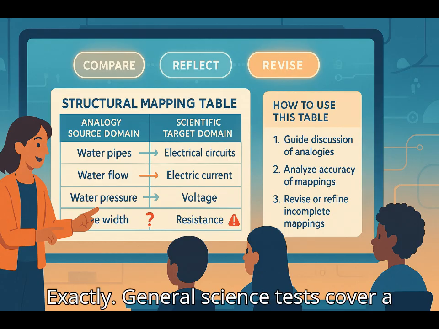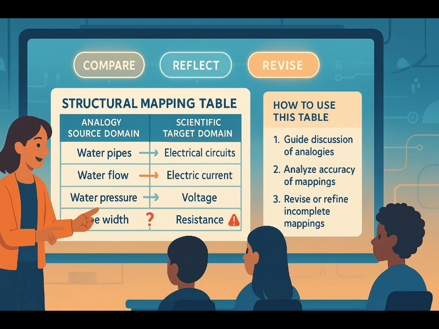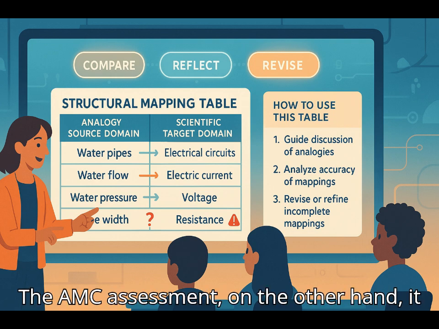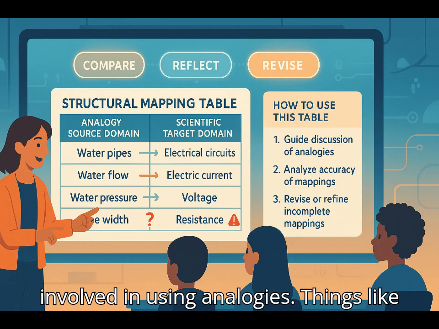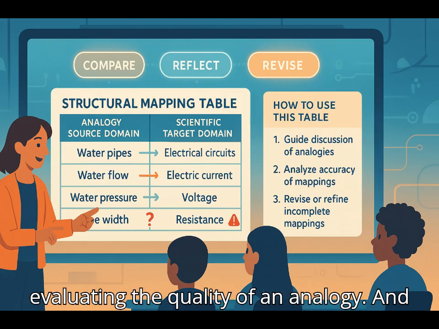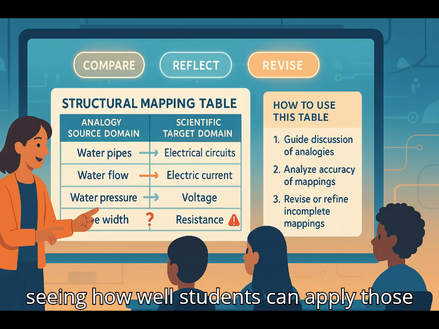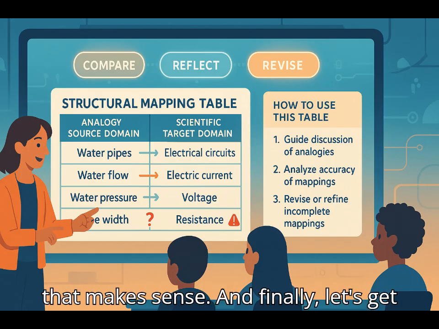Exactly. General science tests cover a much broader range of content and skills. The AMC assessment, on the other hand, really hones in on the mental processes involved in using analogies. Things like making connections, drawing inferences, evaluating the quality of an analogy, and seeing how well students can apply those analogies to different situations. Okay, that makes sense.